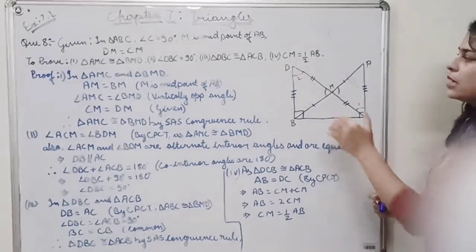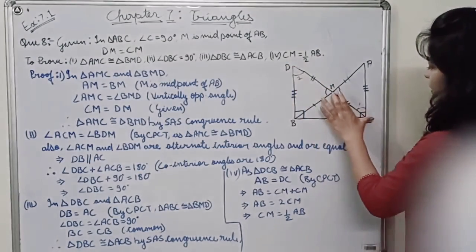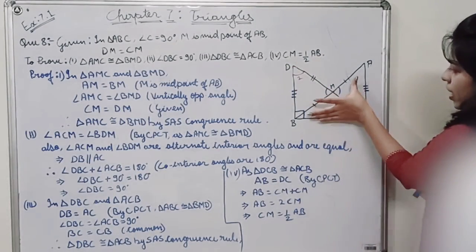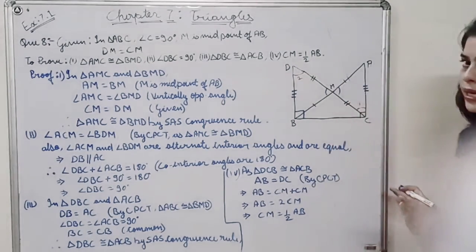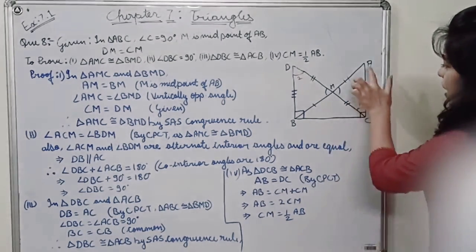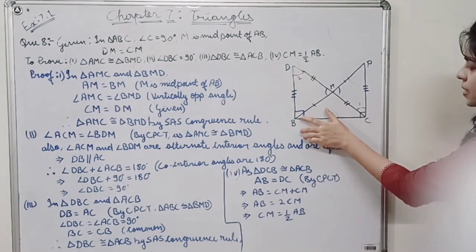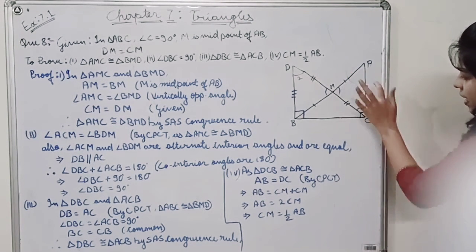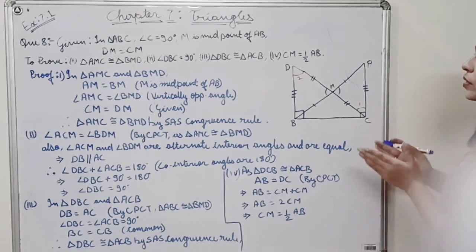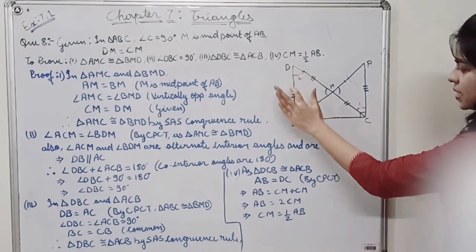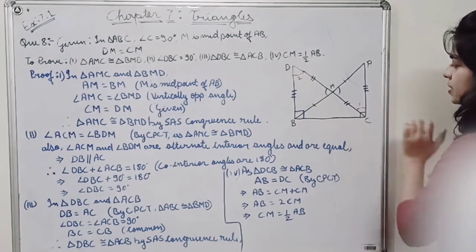Now next, the last one: CM is half of AB, we have to prove. Clearly we can see that AB is part of triangle ACB and DC is part of triangle DBC.